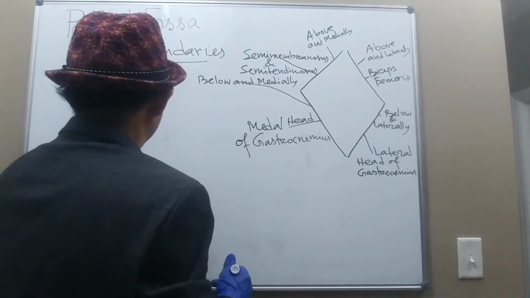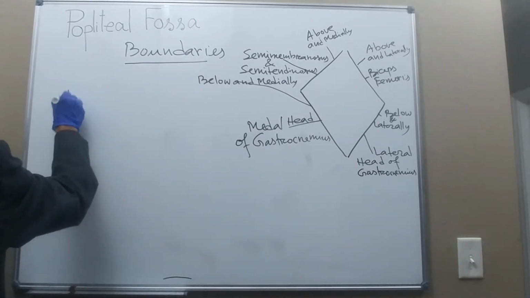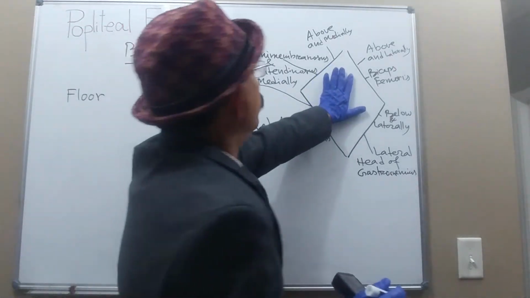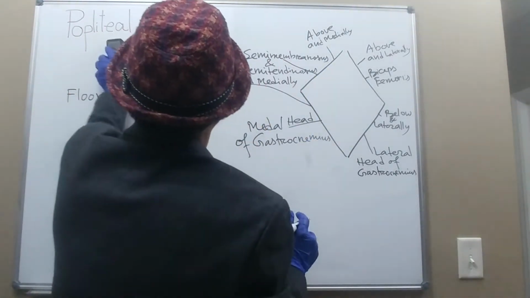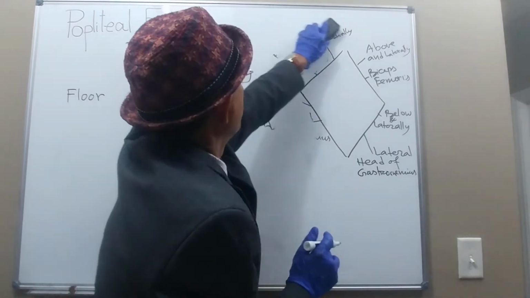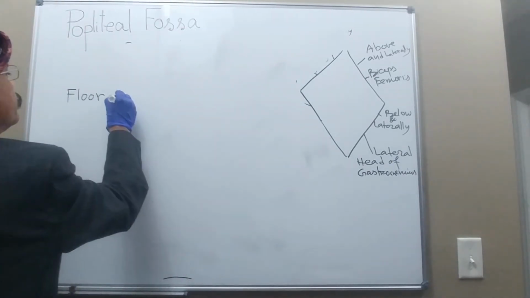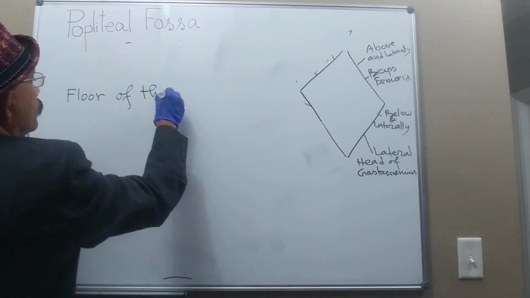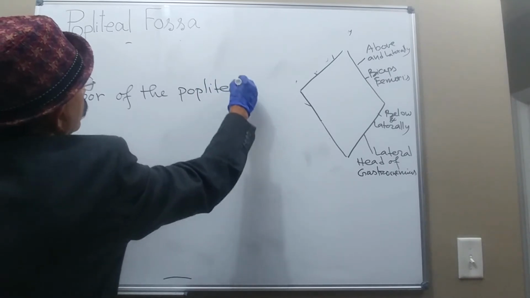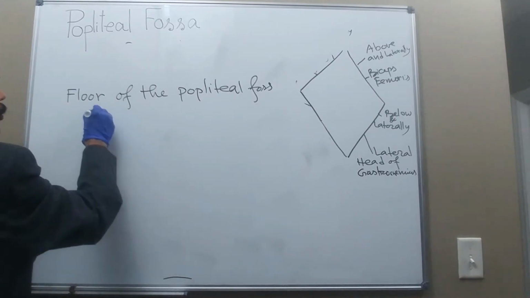Now we go to the floor of the popliteal fossa. How is the floor of this diamond-shaped space formed?